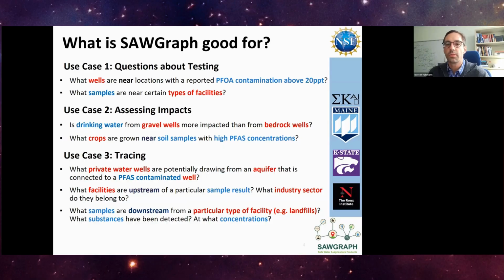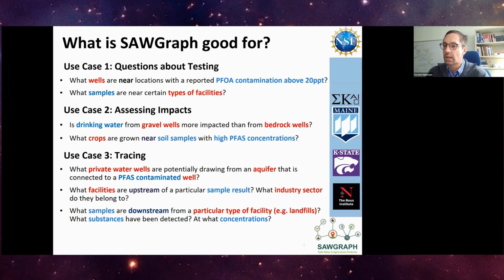The third use case focuses on tracing PFAS, primarily through the surface water, but also the subsurface water system. The first question is about potential subsurface transport via aquifers, asking what water wells are potentially drawing from aquifers connected to other wells where we've already detected high PFAS levels.